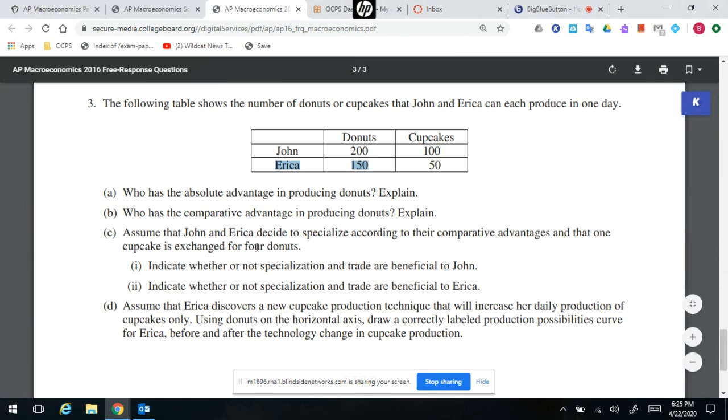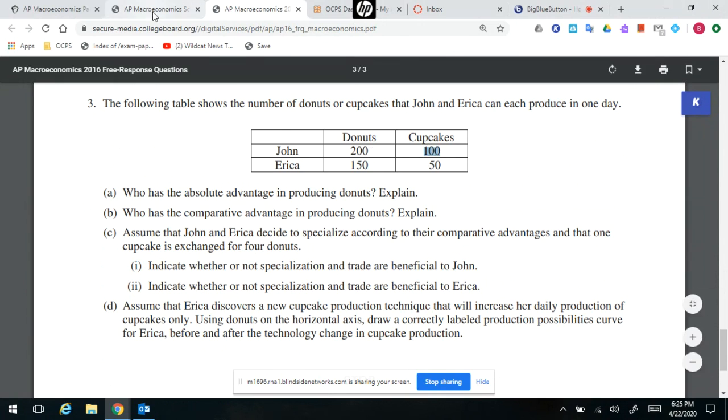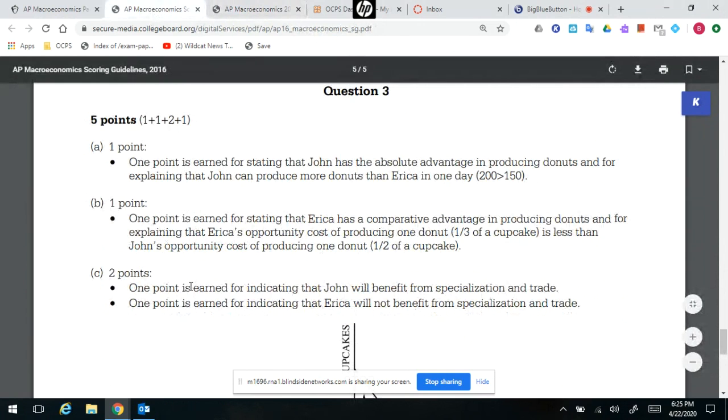So by trading away 4 donuts to get a cupcake, that doesn't really seem very beneficial for Erica. John, on the other hand, who is making the cupcakes, he can trade away 100 cupcakes and get 400 donuts. That does seem pretty beneficial to John. So 1 point is earned for indicating that John will benefit, and a point for saying that Erica will not benefit.